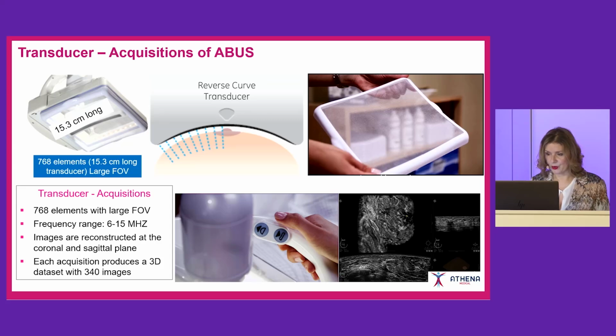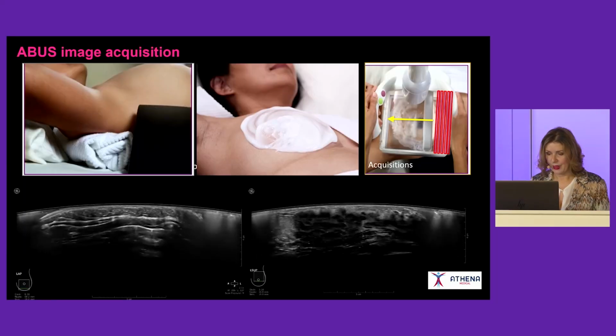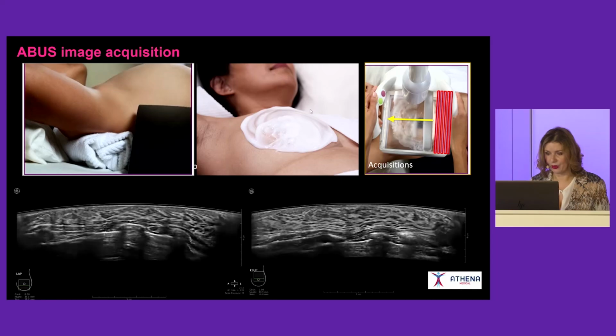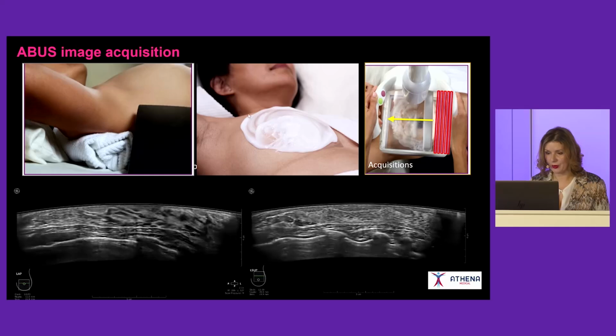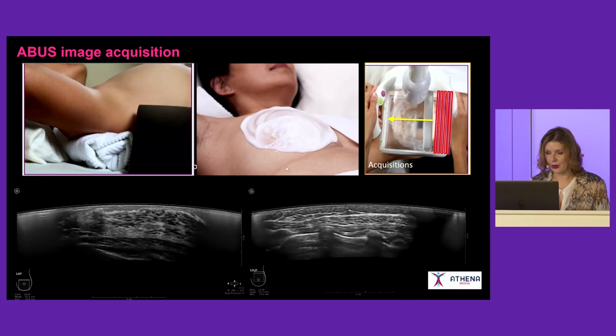We use a disposable membrane and also hypoallergenic lotion. And the scan is performed automatically, starting from the inferior part of the breast, going up superiorly to the area of the clavicle, and also from the outer.